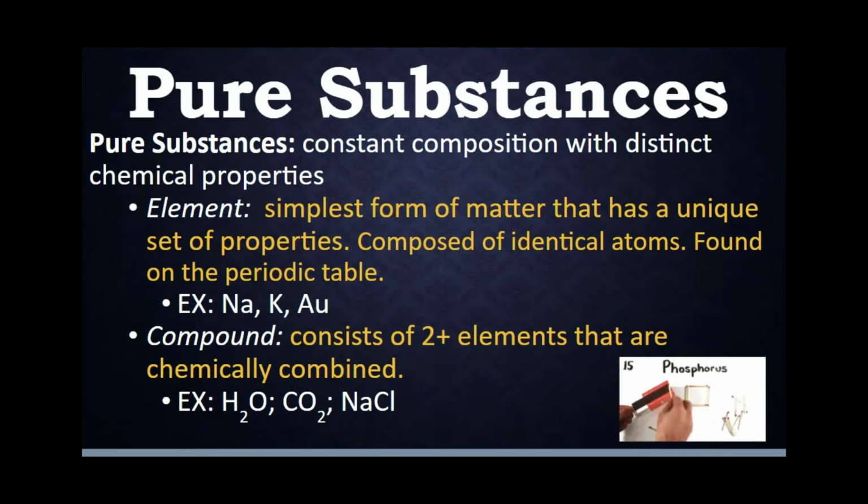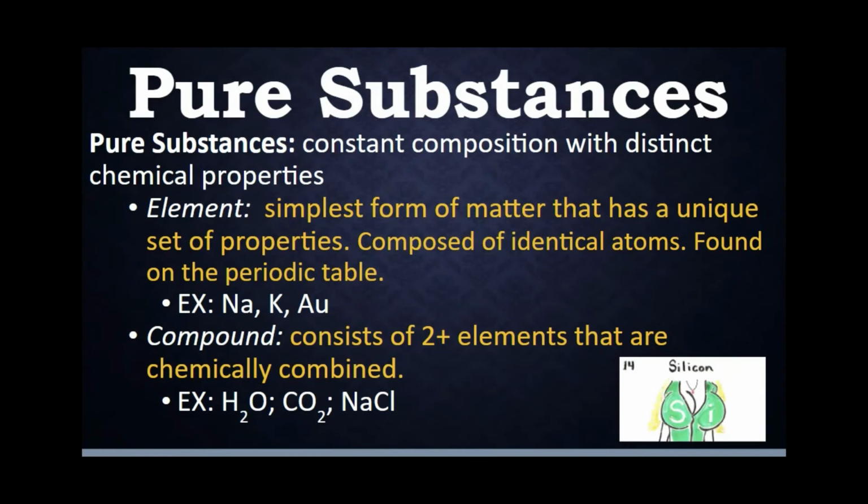Just a quick reminder. Pure substances are constant compositions with distinct chemical properties, i.e., elements, which are the simplest form of matter that have a unique set of properties, composed of identical atoms found on the periodic table.